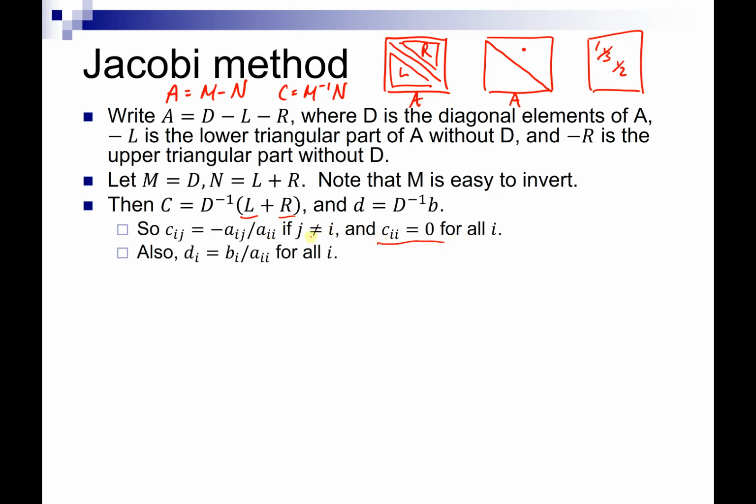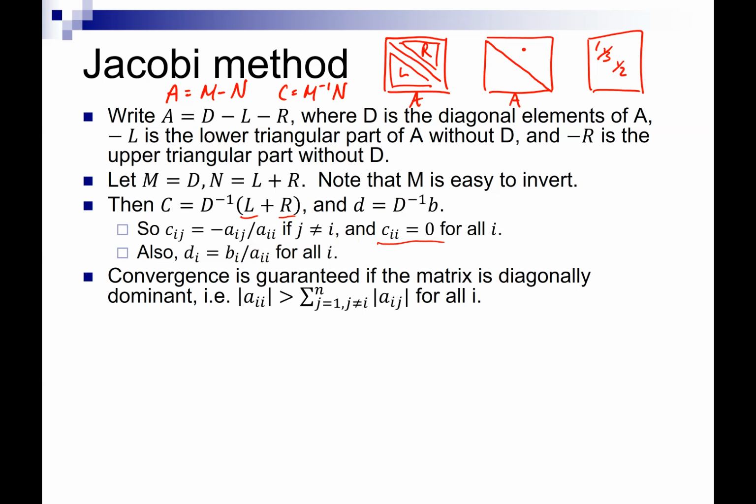That's for all the non-diagonal elements, and for the diagonal elements, it's all going to be zeros. And then for D, you just divide by all of the diagonal elements of A, because again, D is simply the inverse of all those diagonal elements.